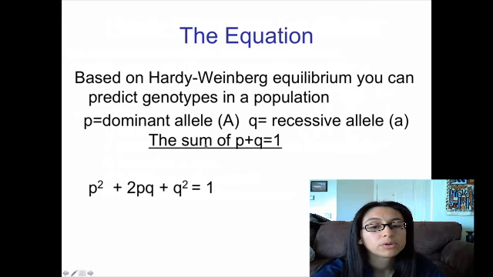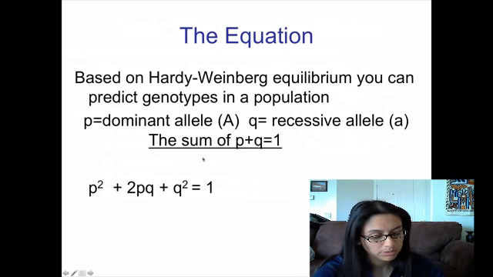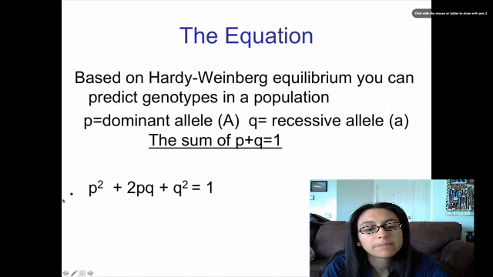The letter P represents the dominant allele, the letter Q represents the recessive allele, and here is the equation: P squared plus 2PQ plus Q squared equals 1.